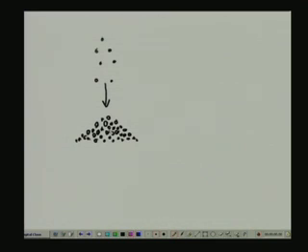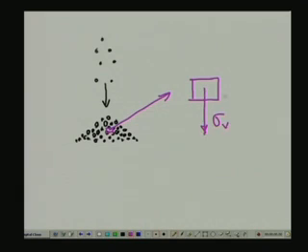So, within this heap at some depth, if we consider a small volume and bring it out, this volume is going to have a vertical stress, which we are going to call sigma v, and a horizontal stress. Now, the question is, what are the values or relative values of sigma v and sigma h?